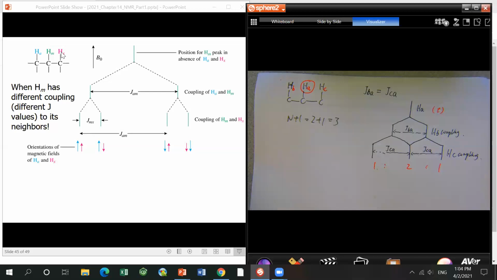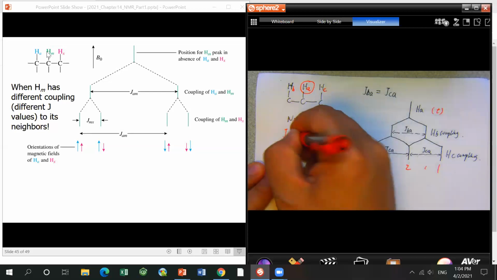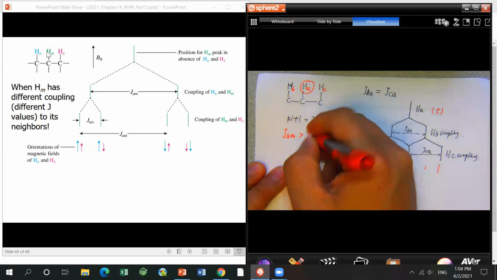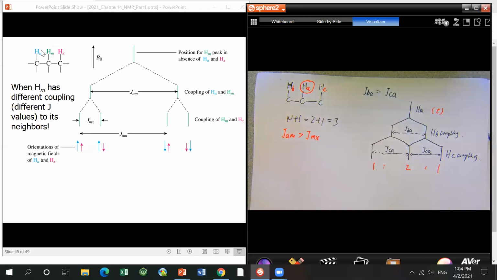But in this case, the coupling between HA and HM is different from HX and HM. In this case J_AM is bigger than J_MX. So we can analyze it again.